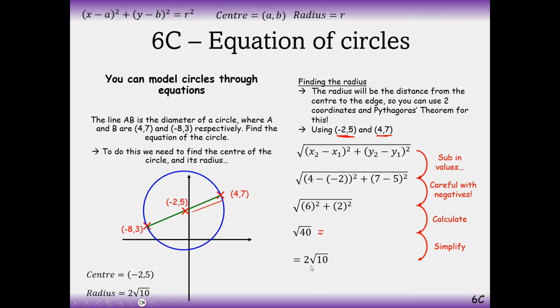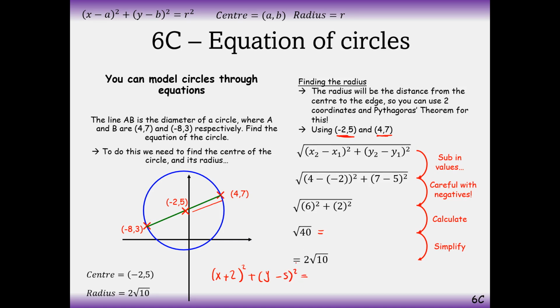Now we need to put these into the equation of the circle. So we write x minus the x, minus minus 2 makes it a plus 2, squared, plus open a bracket and write y minus 5 squared.